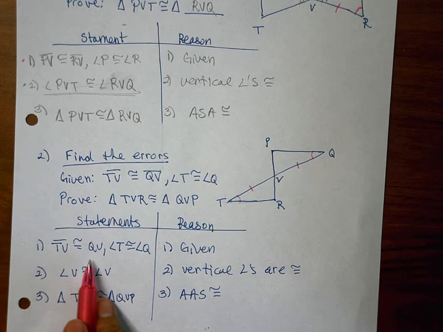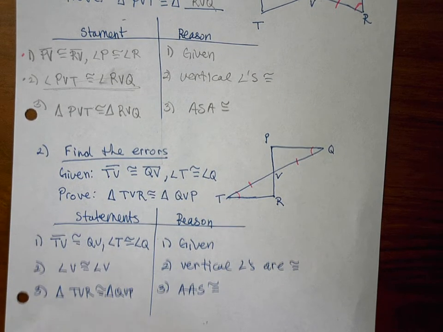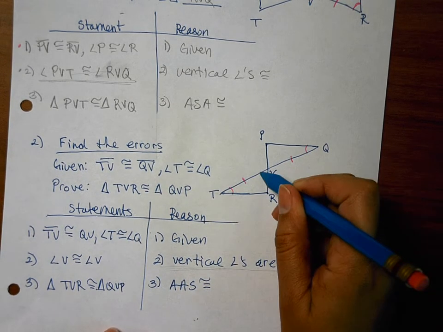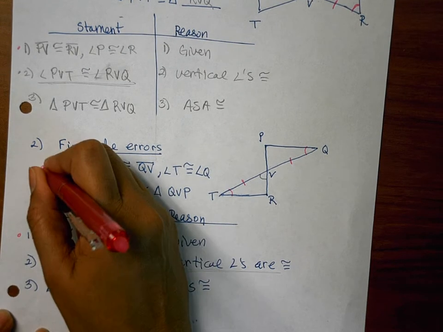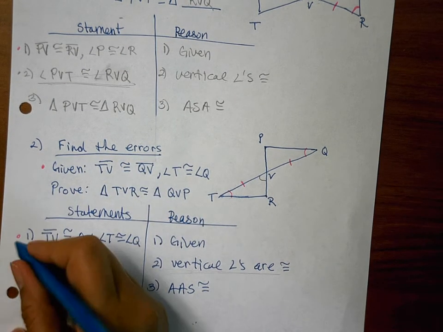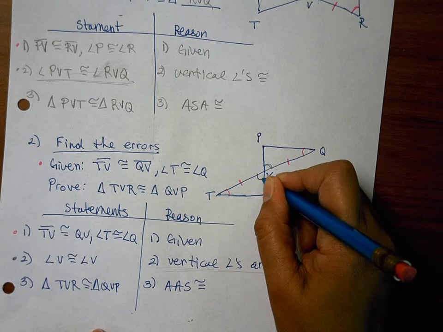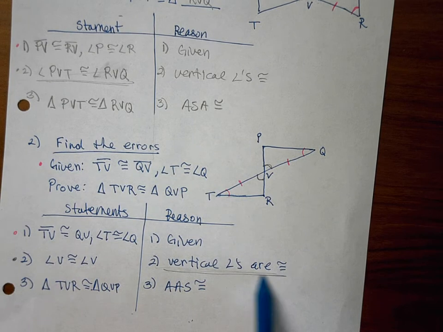Given. Number 1 looks good. Now, any markings I put on my own, they're calling these vertical angles here, I'm going to put that in pencil. This right here was the given information, and that was good. The number 2 was the markings we make on our own, which is this here. And they are vertical angles. So the vertical angles are congruent is correct.